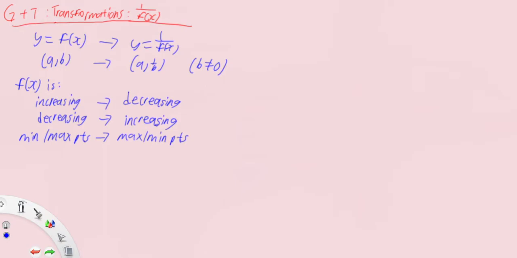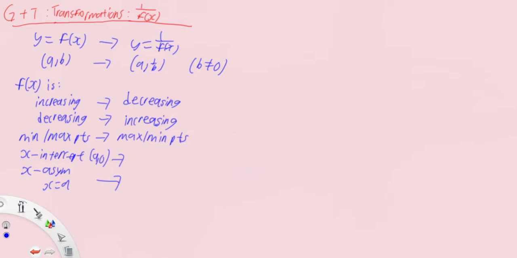Next up, we talk about x-intercepts and our x-asymptotes. Let's say x-asymptote at x equals a. What happens? We know that if we have an x-intercept, let's say at (a, 0), then b equals 0, and now we have 1 over 0 as our 1 over f(x) value. We cannot divide by 0, which means that we now have an undefined point.